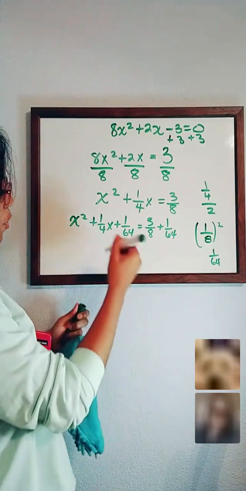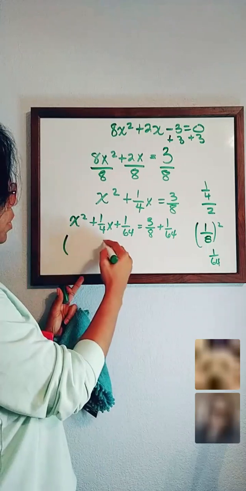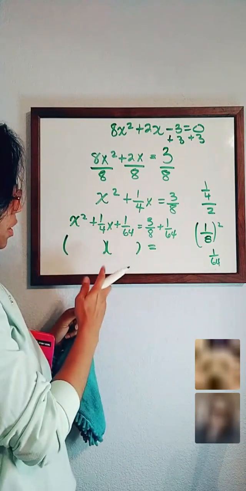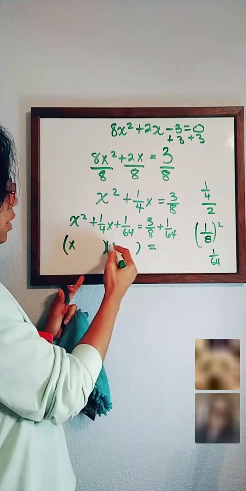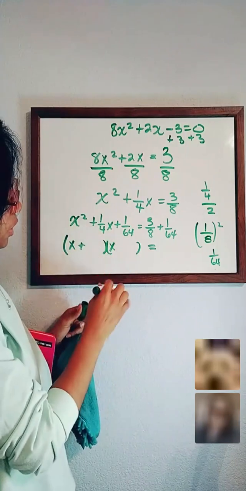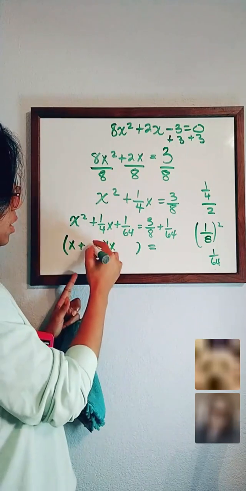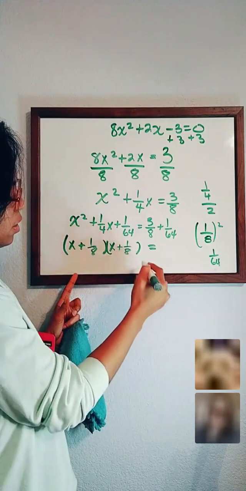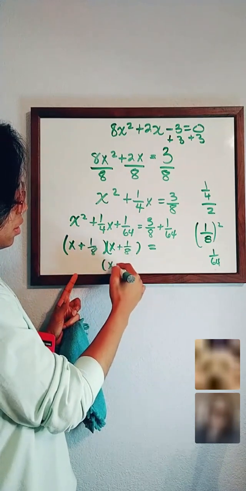Now we have to do a perfect square binomial, right? So I got x plus, what is that, 1/8, squared. And then it equals this stuff on the other side.